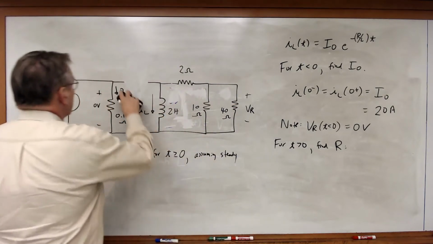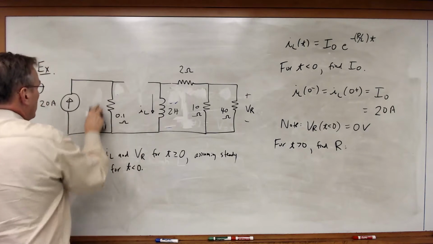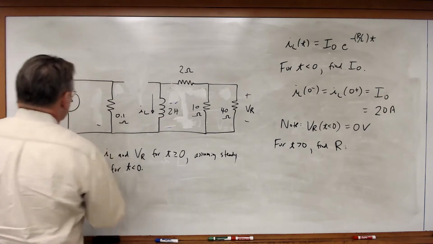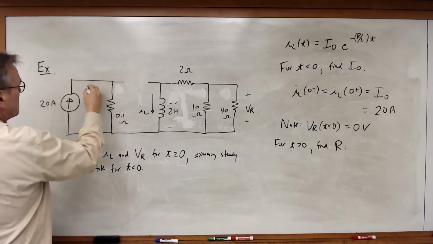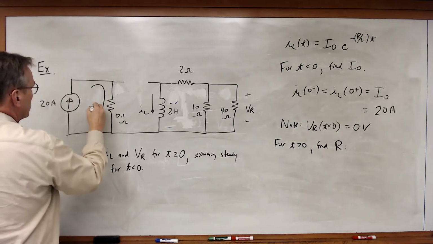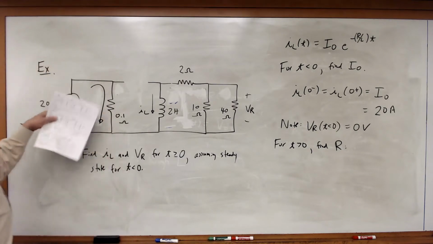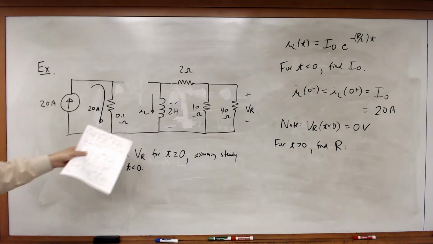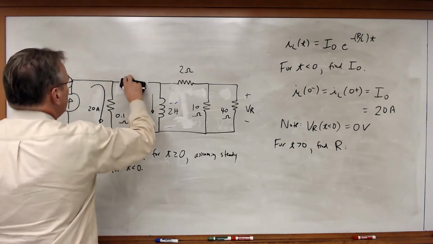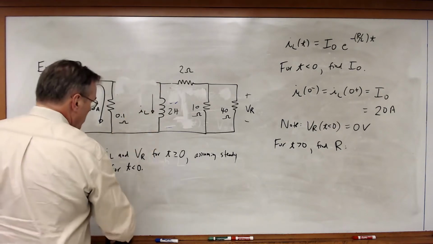Now, all of the current through the 20 amp source is going to flow through the 0.1 ohm resistor. So this current is no longer going to have any effect on this side. I've got an open connection between these two nodes.